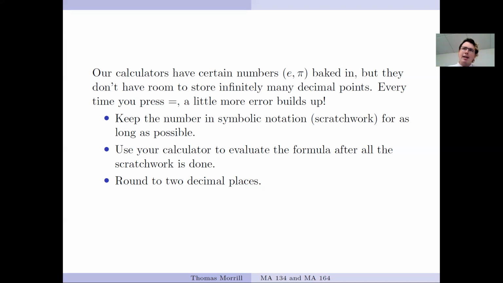So if you're doing a calculation and you're putting every single step in your calculator, then those small errors where the calculator is deciding where to round for you are going to add up over time. Now, it's not so bad when we're doing addition and subtraction.